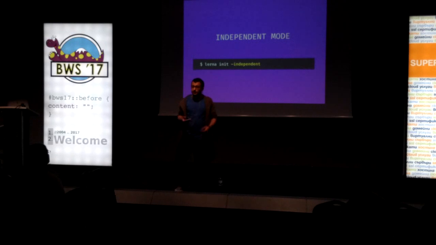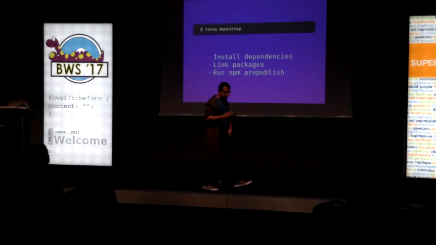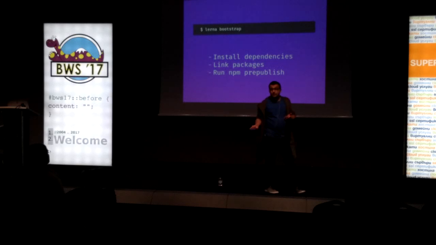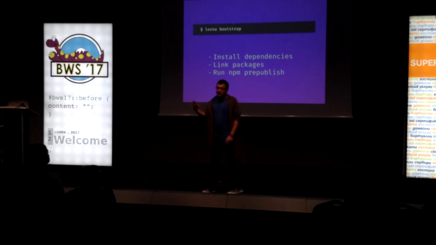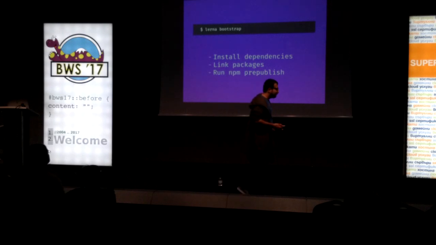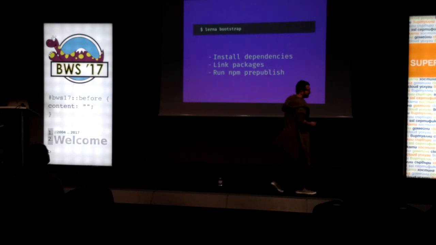Okay, so you created your Lerna repository and did some development and pushed to Git or whatever. And then someone will need to download this and work with it. So you are the second developer in your project, and your colleague created a Lerna repository, and you download it, clone it. You need to run lerna bootstrap, which will install dependencies for all your modules.